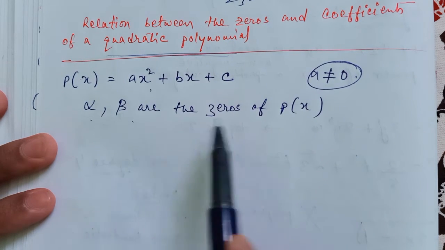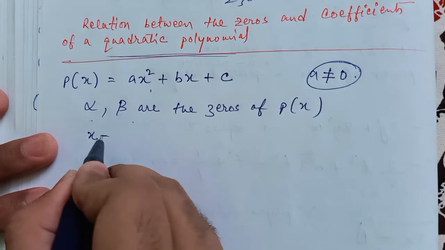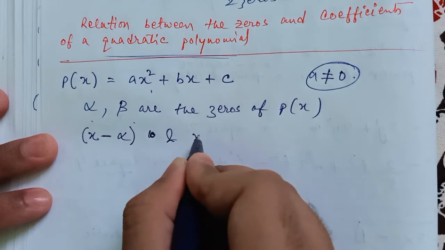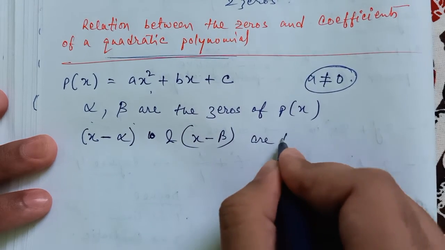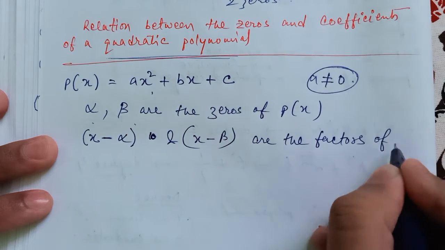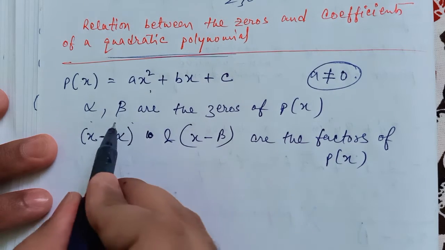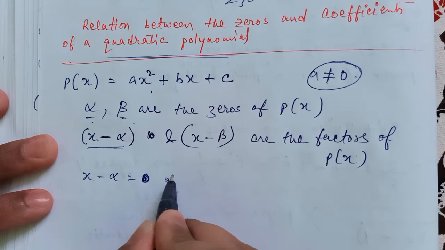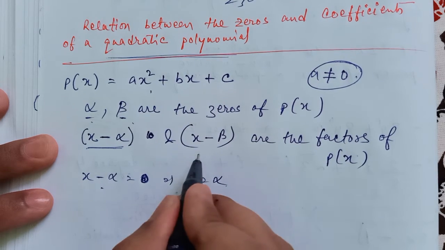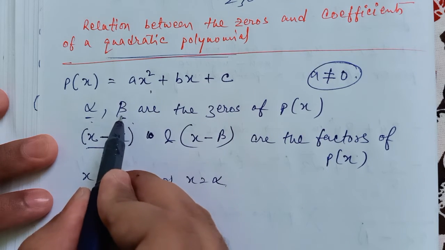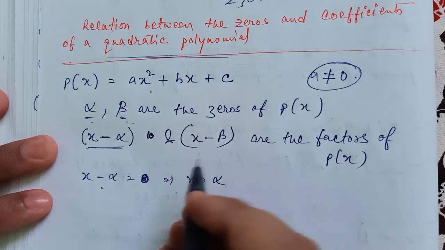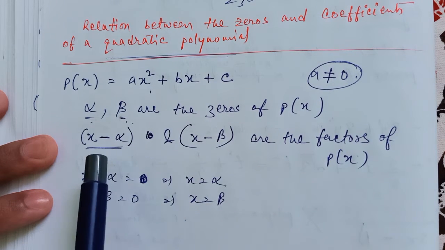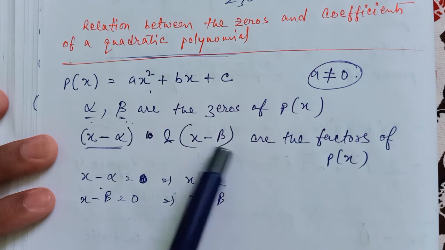Then x minus alpha and x minus beta are the factors of the polynomial p(x), right? Why? Because if these are the zeros, then x minus alpha will also be 0, so we get x equals alpha, which is satisfied. Also, since beta is a zero of this polynomial, x minus beta is 0, so we get x equals beta. So x minus alpha and x minus beta are the factors of p(x).